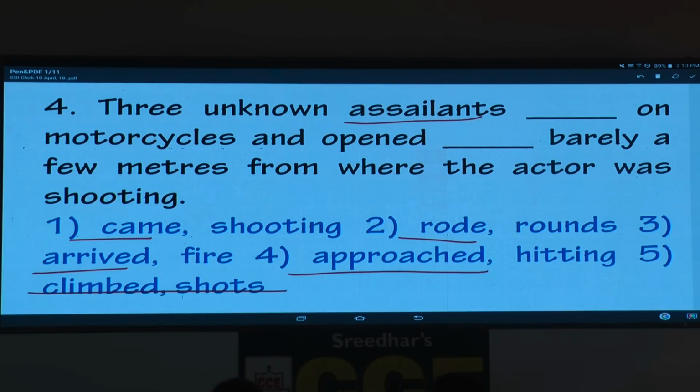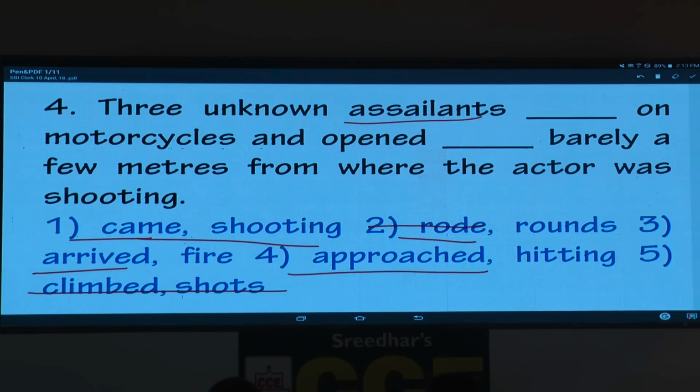Now, came on motorcycles and opened shooting. Opened shooting doesn't make any sense. Grammatically not correct. So don't just hold that one. Some of you may think it is right. Rode on motorcycles and opened rounds. But generally we don't say rode on motorcycles. That is not, from a usage point of view, acceptable.